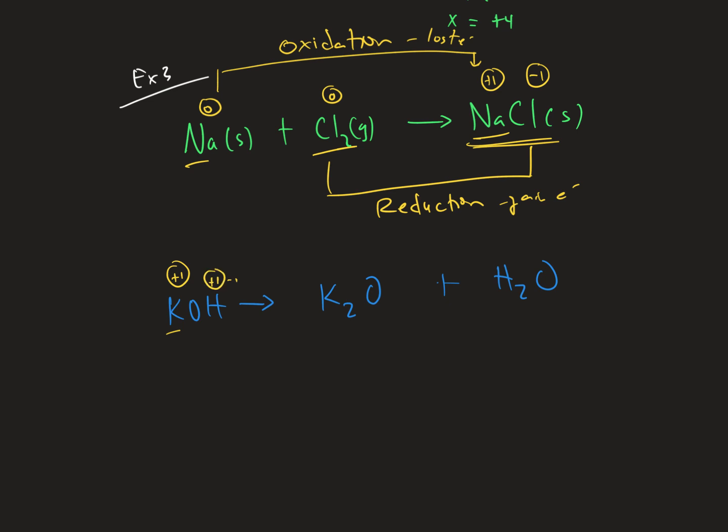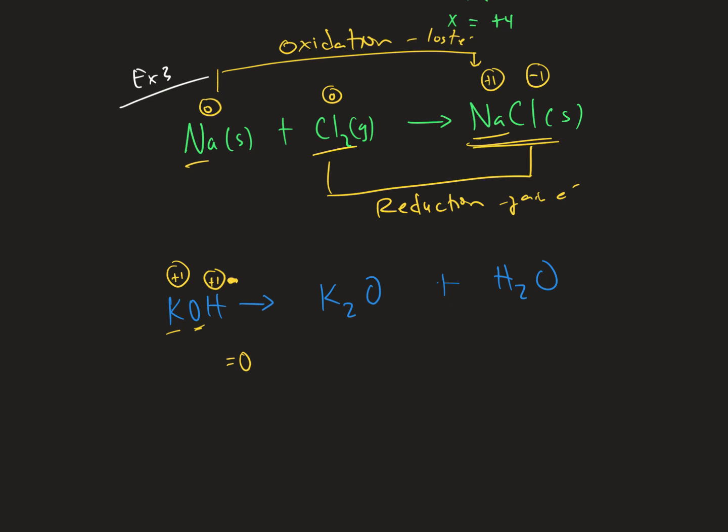And so let's see. Oxygen has to be such that when we add the oxygen's oxidation number and hydrogen's oxidation number, it has to equal what? -1, just like hydroxide. Or another way to look at it, this compound is neutral, so all three of these have to add to 0, right?